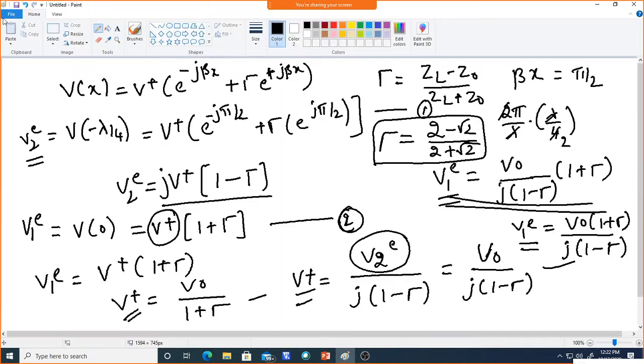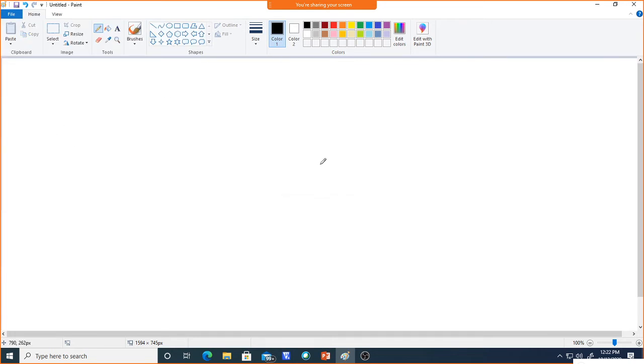So V1E is equal to V0 into 1 plus gamma divided by J into 1 minus gamma.